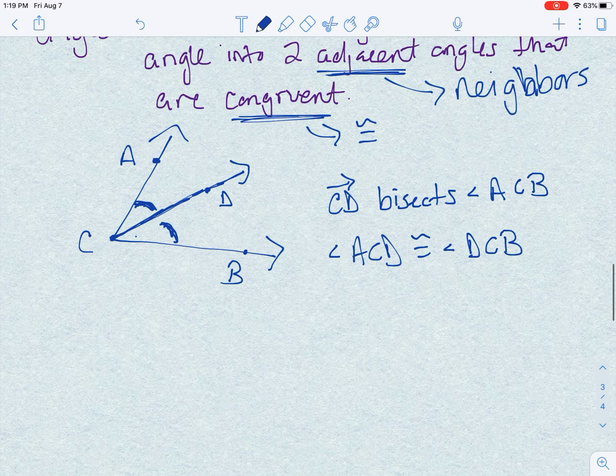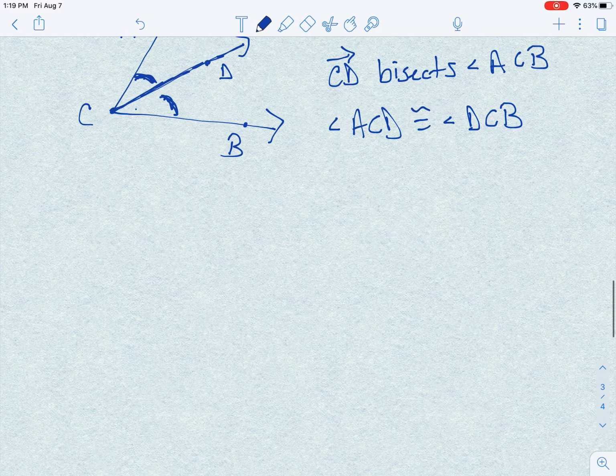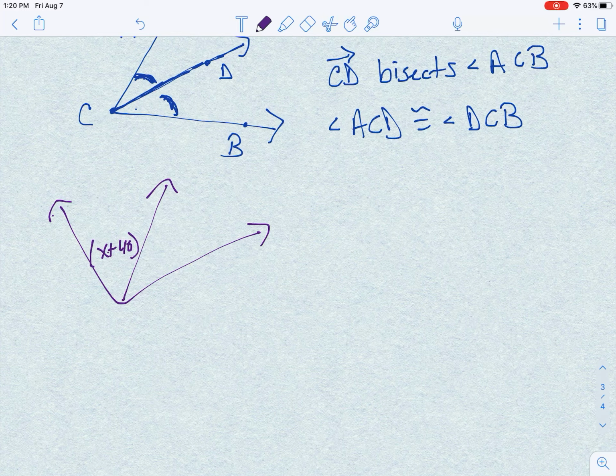So let's try one. If we draw this picture, we're going to have this angle, and we're going to have a ray bisecting it, and we're going to say that this one right here is (x + 40). Now when we label angles, it's normally going to have parentheses with the little degree symbol. That's just saying this is a degree measure for the angle.